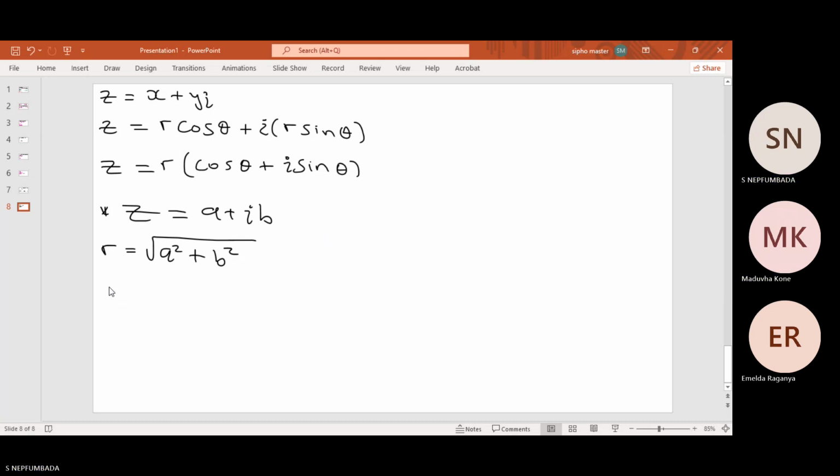And our theta is equal to tan arc b over a, always. It says tan arc of the imaginary part of z divided by the real part of z. Did you get it?